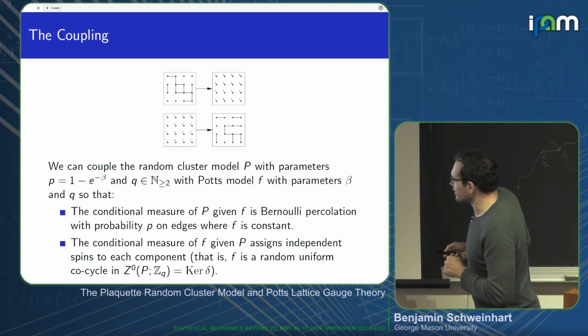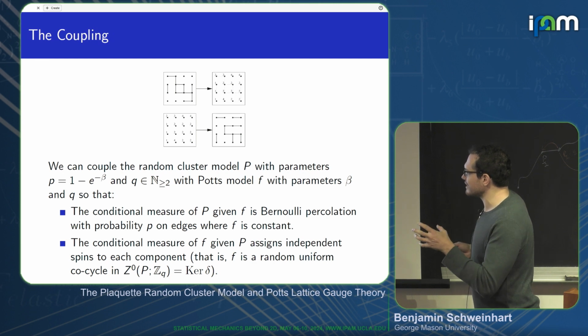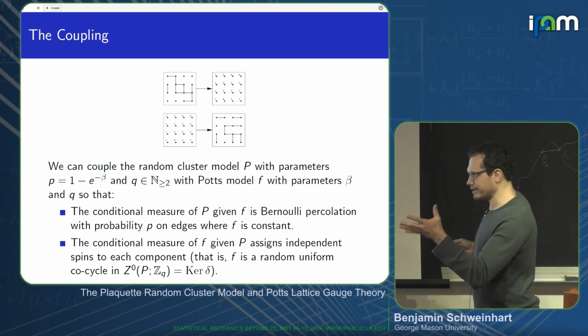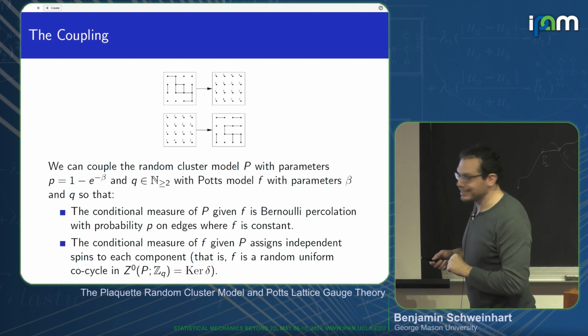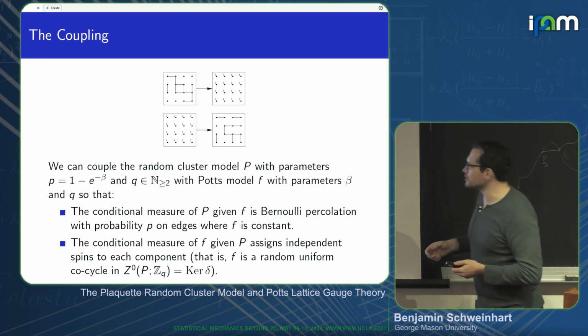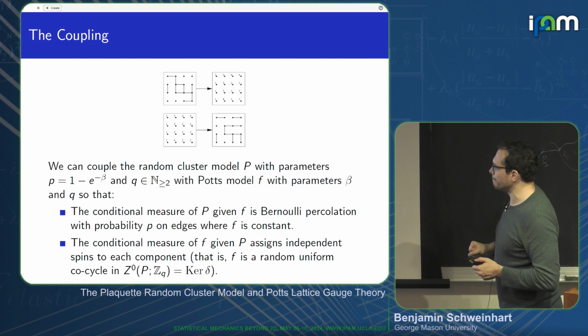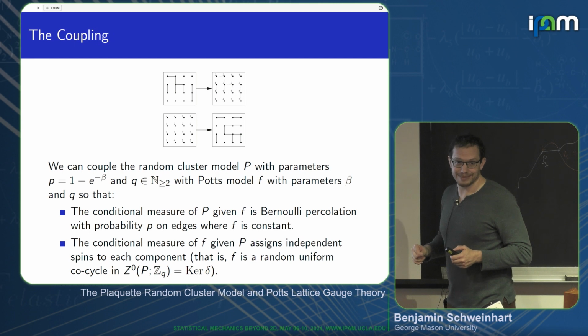So the first key fact about this is the Edwards-Sokal coupling, which is that the q-state Potts model can be coupled with the random cluster model with the same parameter q. This is when q is an integer greater than or equal to 2, and p is 1 minus e to the negative beta, so that the conditional measure of our dependent bond percolation, the random cluster model, is just Bernoulli percolation on the edges where the coboundary vanishes.